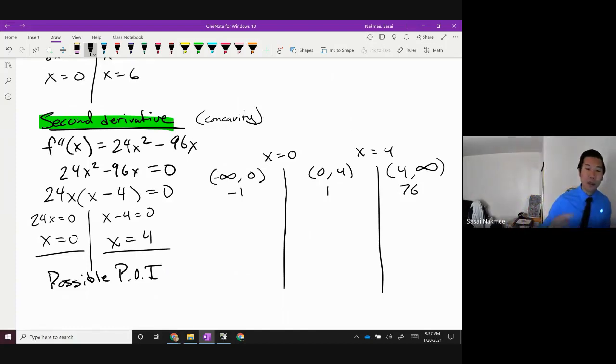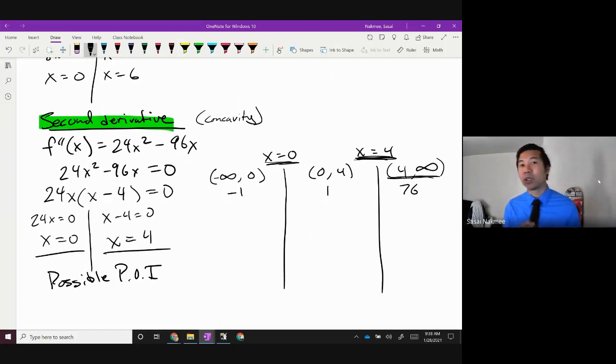The point is, when you find a possible point of inflection, the signs are not going to change no matter if you picked 5 or 7 or 76. Any of those numbers will tell you what the signs are doing on this interval, because x equals 4 and x equals 0 are the only places where the second derivative is equal to 0.